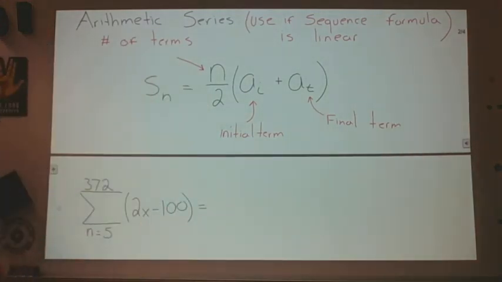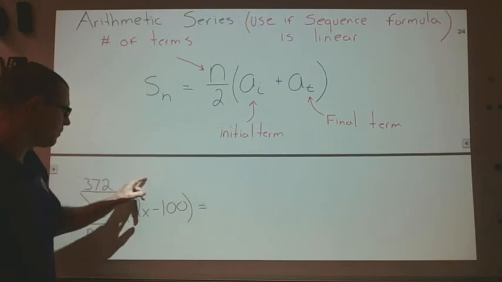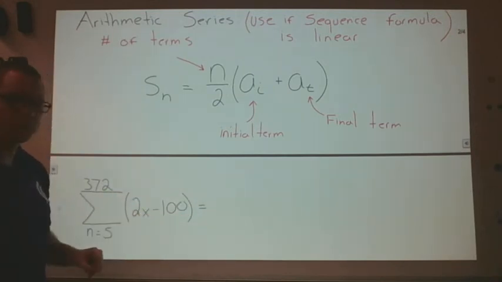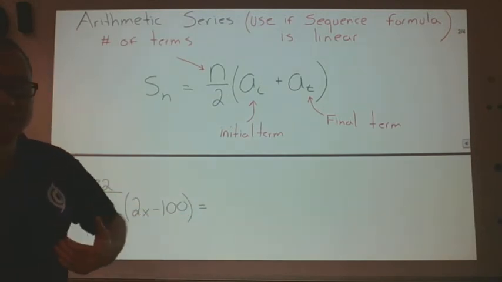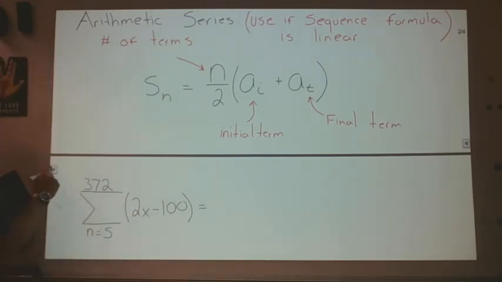So let's look here. We have an example. It is the sum from 5 to 372 of 2x minus 100. Well, this sequence formula, 2x minus 100, is linear. It's mx plus b. So that tells me I can use the formula.